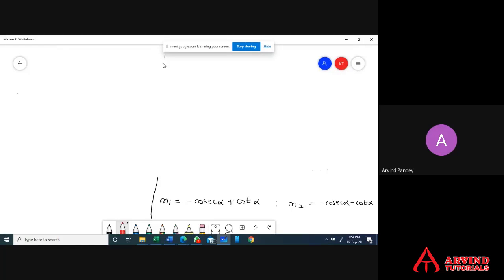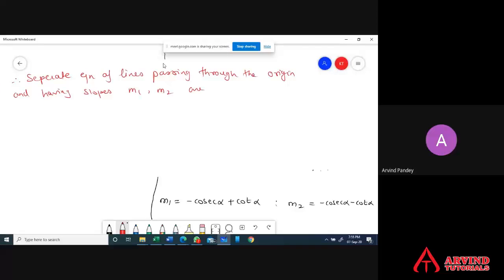So I'll say, therefore, separate equation of lines passing through the origin and having slopes m1, m2 are, see, y equal to m1x and y equal to m2x.